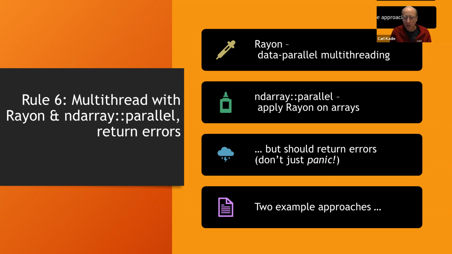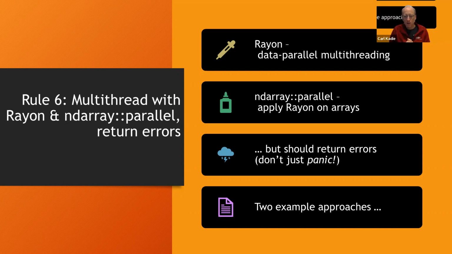The one trick here is that we should return errors. Some of these multi-threading things, you start the work and it's doing all the things on the different columns, but it assumes that you're not going to have any error. And if you do, you should maybe just panic and crash everything. We don't want to do that. If there's an error, like a value that we're writing out that's not 0, 1, 2 or missing, we want to return an error to the user saying that you had an illegal value.